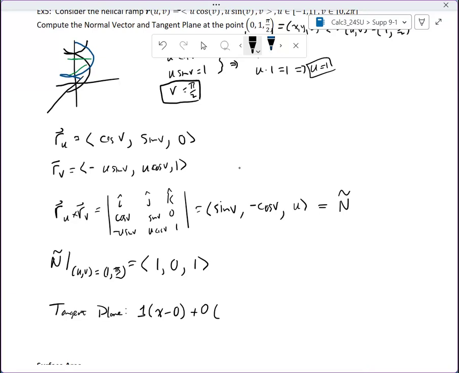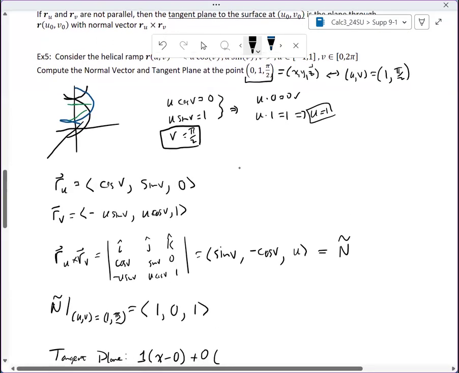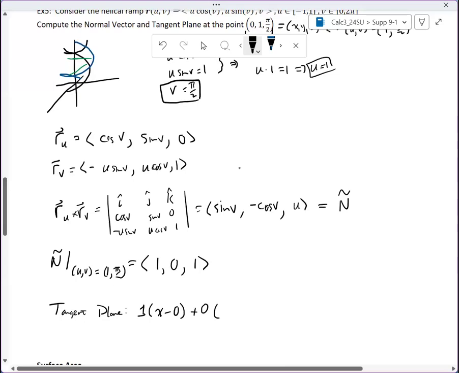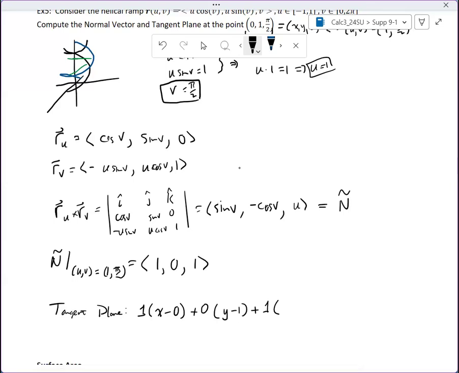Plus my y component of my normal times y minus 1. Plus my z component of my normal times z minus pi over 2 equals 0. Or I just get x plus z equals pi over 2 for my tangent plane. And it has this normal vector.